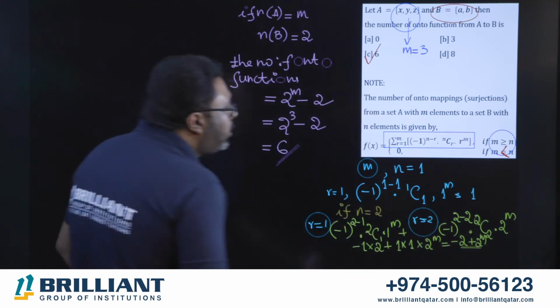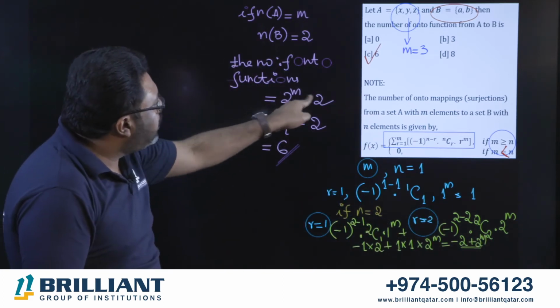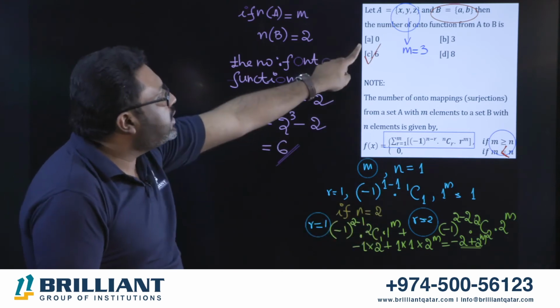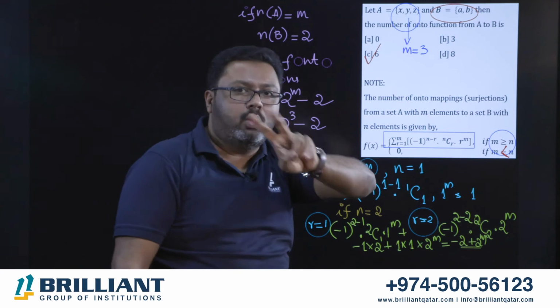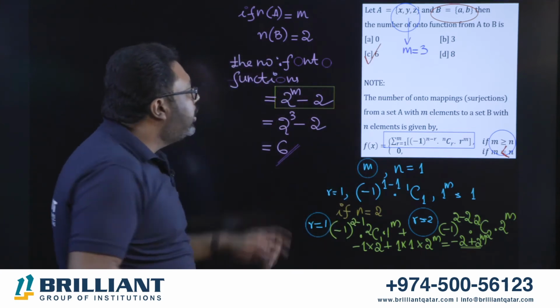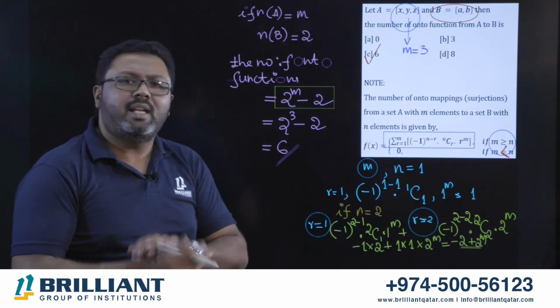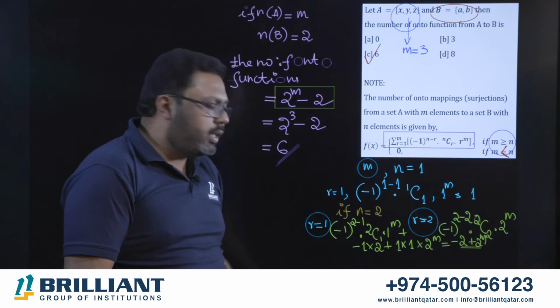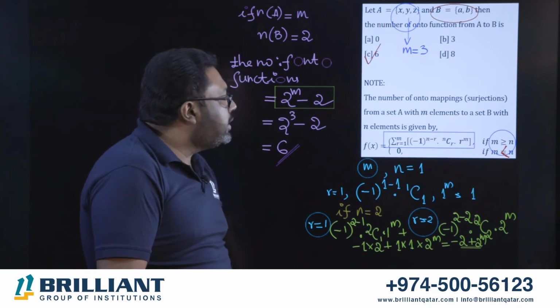That is why I told you to learn this formula by heart. It is difficult to derive. So when they ask you a question with the second set having 2 elements, directly learn this formula, 2 raised to m minus 2. That is enough for you people. But I will be doing a question with 3 elements.